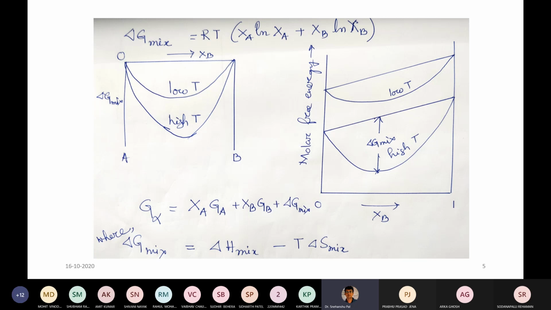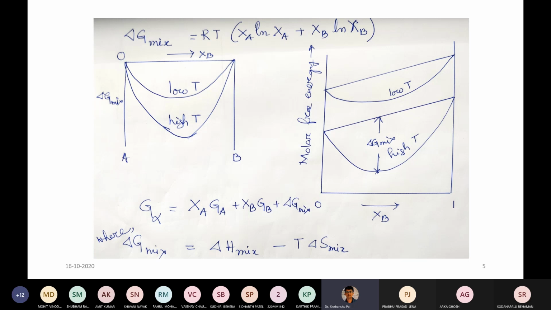And another important thing is that we should understand how del S mix is related to configurational entropy, and it is always positive when you have different composition variation.